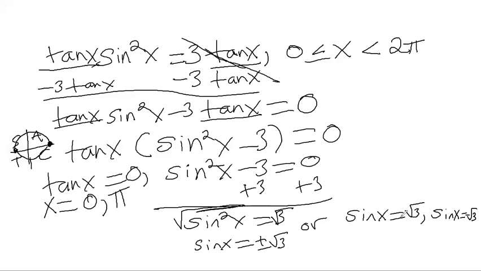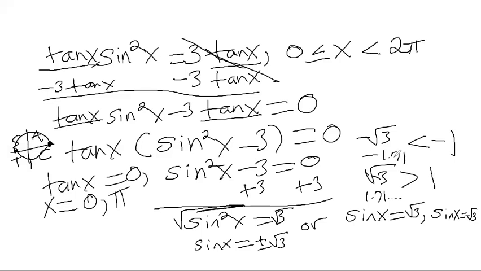Since square root of 3 is about 1.71, which is clearly greater than 1, and negative square root of 3 is about -1.7, which is less than -1, there are no solutions here. Therefore, the solution to this equation is x equals 0 and pi.